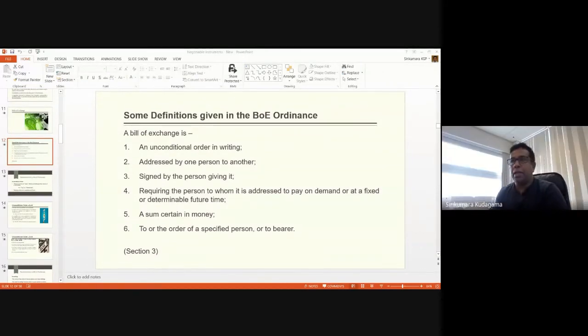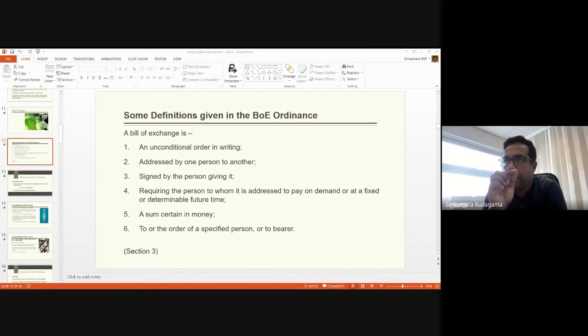Now this can be to or to the order of a specified person or to the bearer. What it means is, I'll take my example again. I'm drawing a check on a check leaf issued by Bank of Ceylon, meaning that I'm the drawer and Bank of Ceylon is the drawee. You can remember the way it is written on a check.